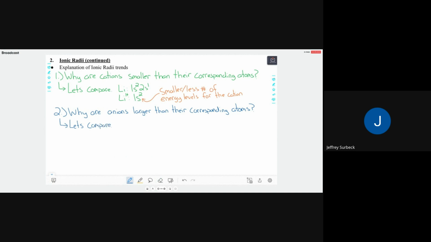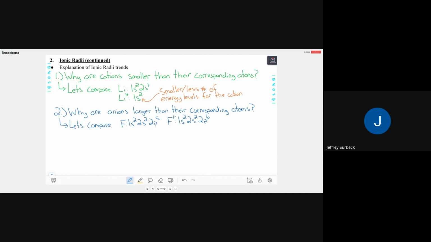The fluorine atom has the electron configuration 1s2, 2s2, and 2p5. Now we add one additional electron and we get the fluoride ion with a 1 minus charge, and it has the electron configuration 1s2, 2s2, 2p6.